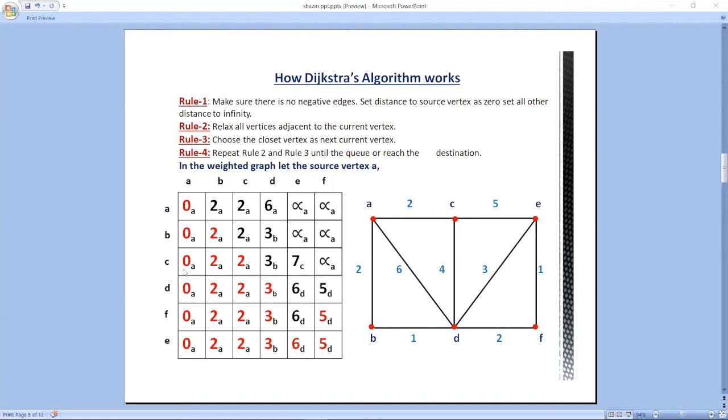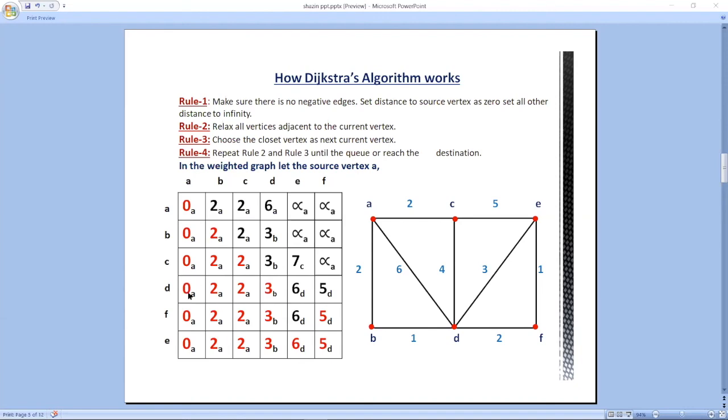We have already visited A, B, C vertices. Then from the unvisited vertices, we will check which value is smaller. Obviously 3 is smaller than 7, and this is in the D column, so we will work with D vertex.